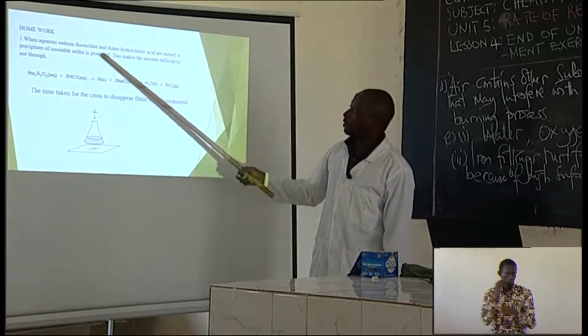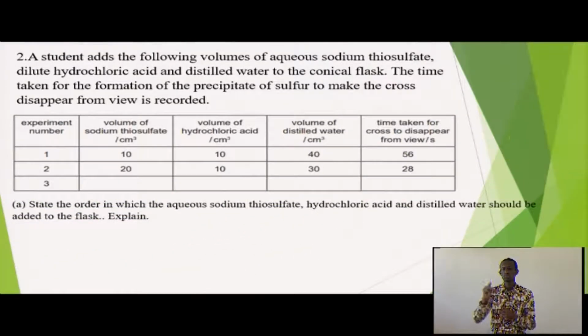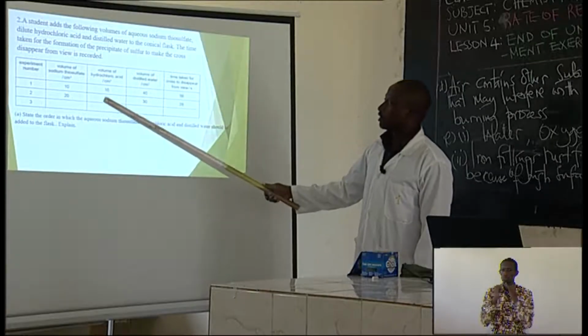Homework. When aqueous sodium thiosulfate and dilute hydrochloric acid are mixed, a precipitate of insoluble sulfur is produced. This makes the mixture difficult to see through. This is the reaction. The time taken for the cross to disappear from view is measured. And this is the information which includes the question.